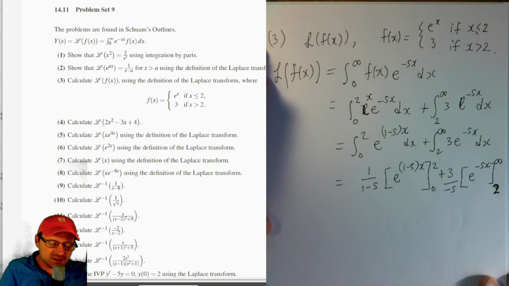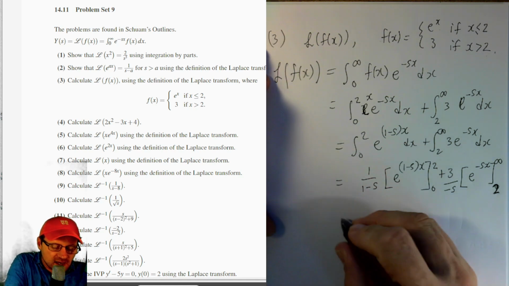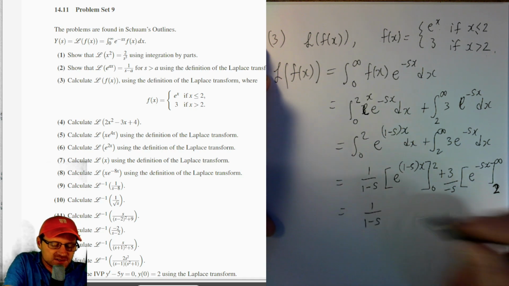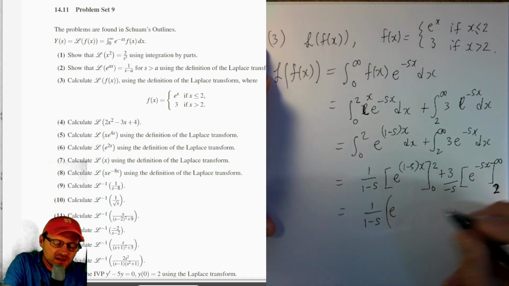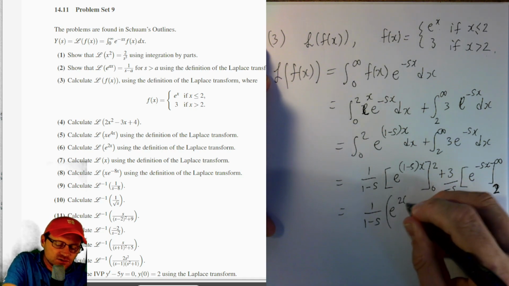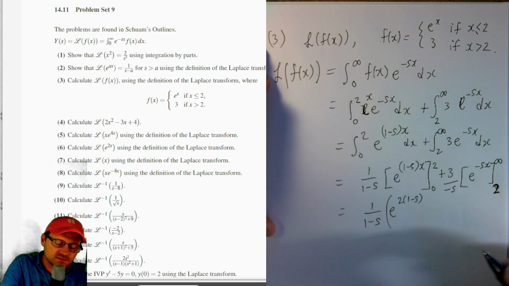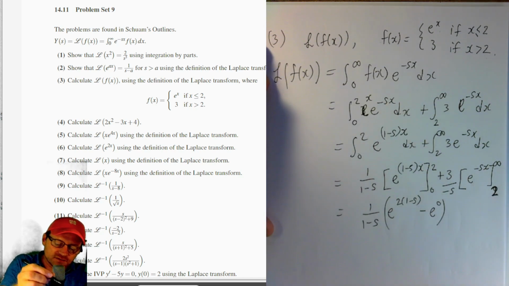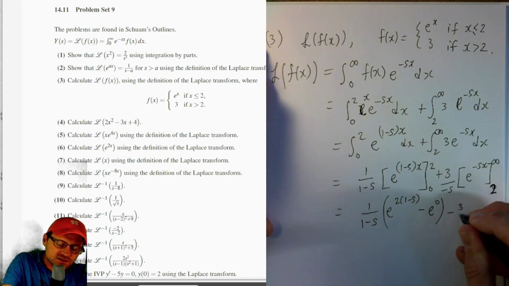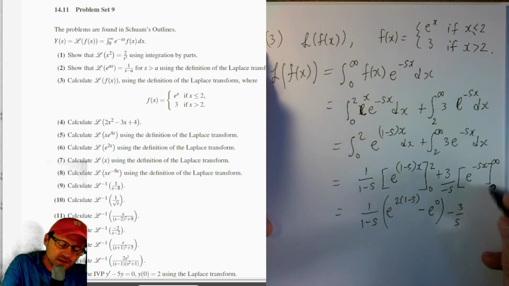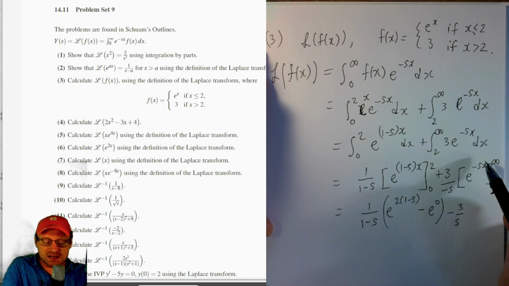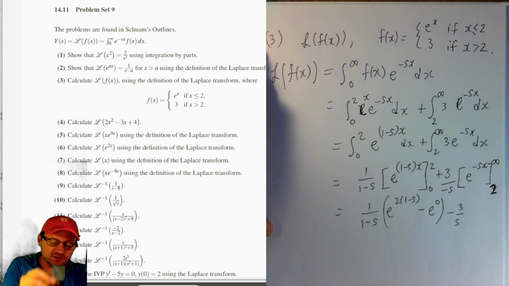Okay, so finishing this one then, we have 1 over 1 minus s, brackets e to the 2 times 1 minus s, minus e to the 0. And then for this, minus 3 over s. Now the limit as x goes to infinity of e to the minus sx is 0.